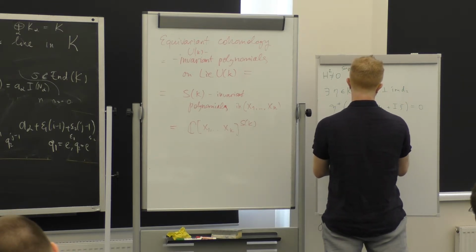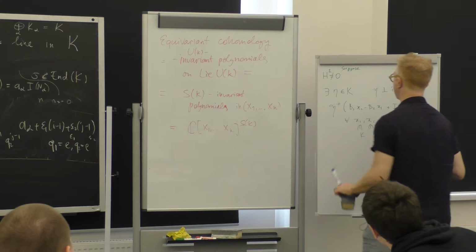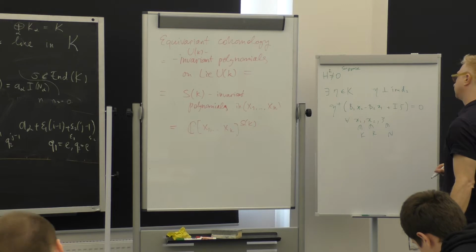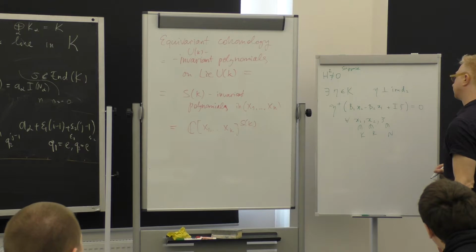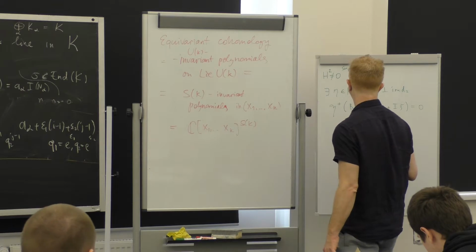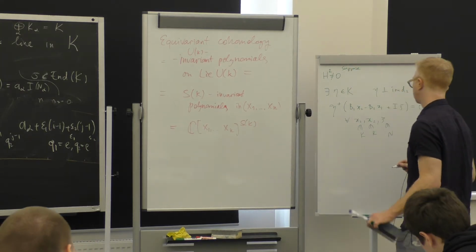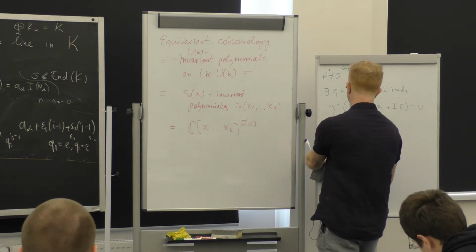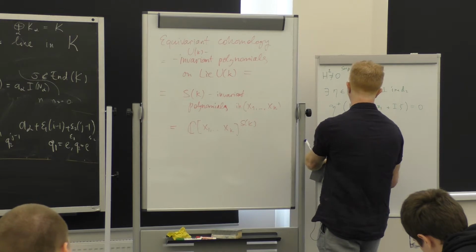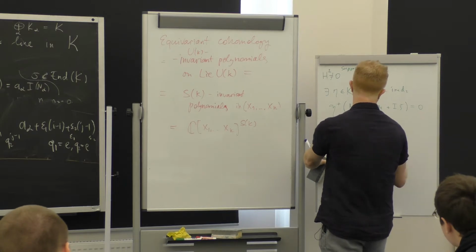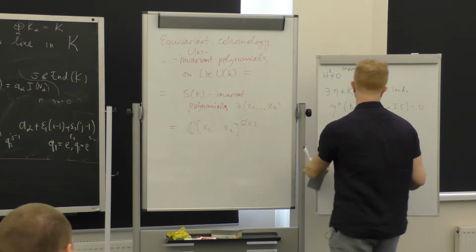So these are in K, this is in K, and this is in N. So it means that this vector eta is annihilated by B1 dagger, B2 dagger, and I dagger.